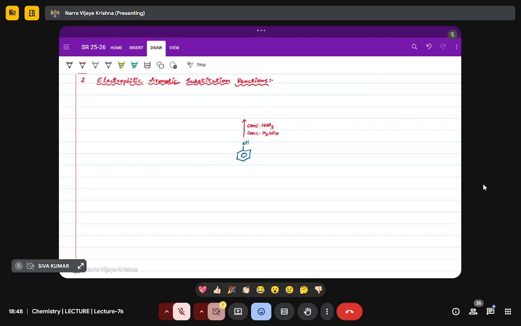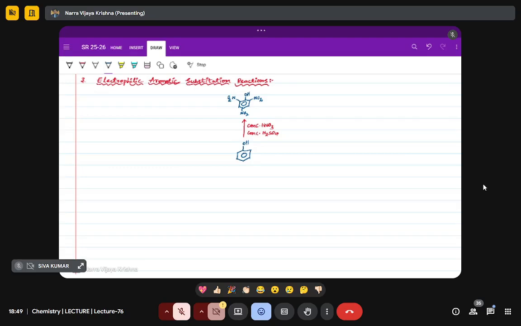Now, here the product will be OH group, and you will have NO2 group either at ortho position or at para position. If I provide sufficient supply of nitration, then all ortho and para positions are occupied with nitro groups.